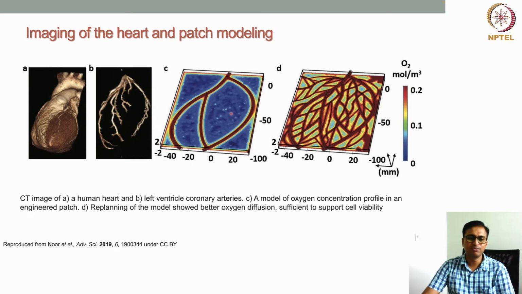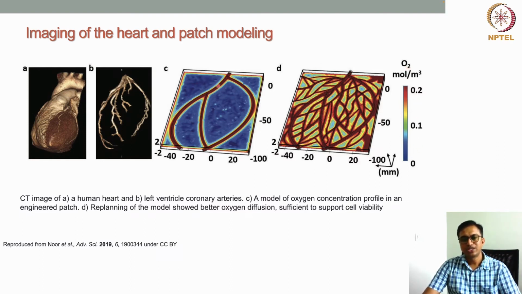They model and then do a simulation study to understand how the oxygen concentration will be in a patch where this kind of vascular tree is designed based on the CT data. You can clearly see here the scale, which tells you the oxygen molar concentration in the tissue.